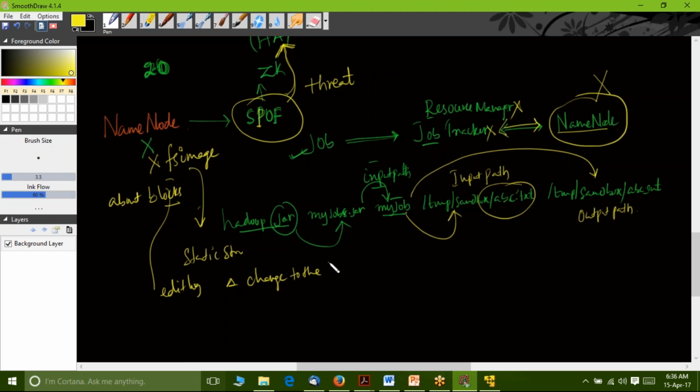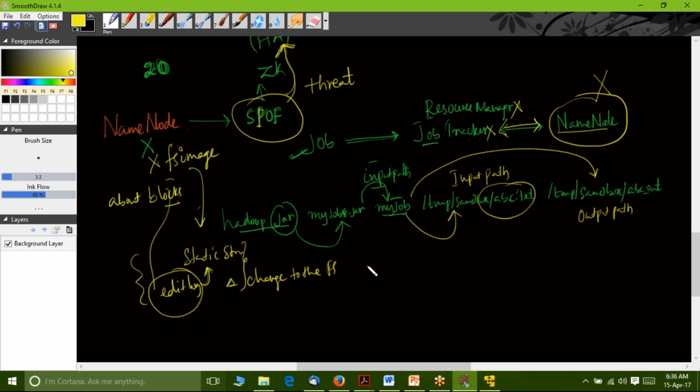Changes to the file system are tracked inside your edit log file, and over a period of time this edit log file will get merged into your file system image. This is maintained on your name node, and exactly the same on your secondary name node. On the secondary name node also we'll have a file system image and an edits log. There also you'll have both.